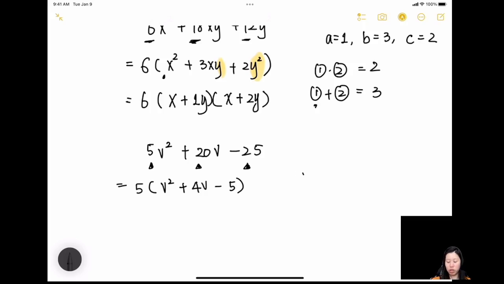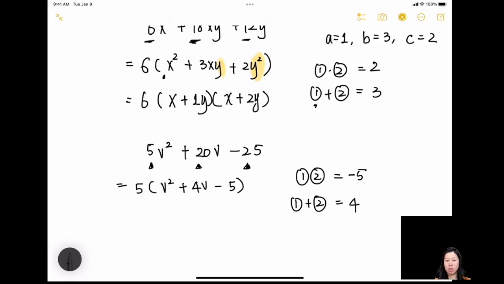Again, we want two numbers that multiply to a times c, which is negative 5, and sum to b. The product of the two numbers is a negative number, which means you will have one negative and one positive.